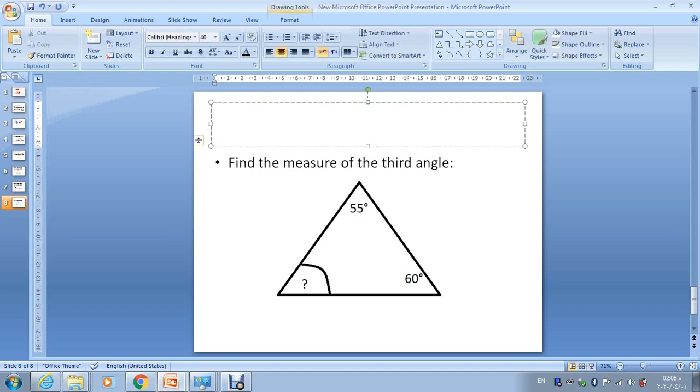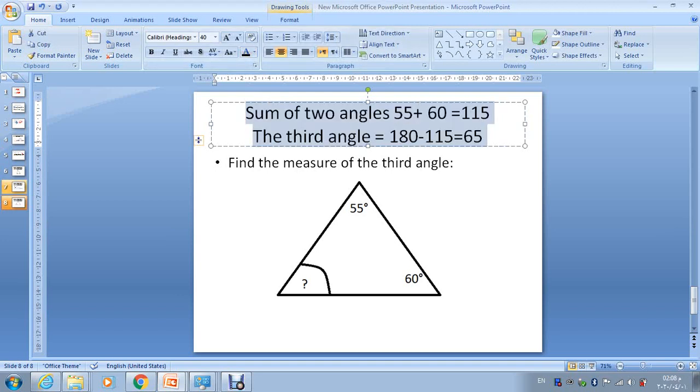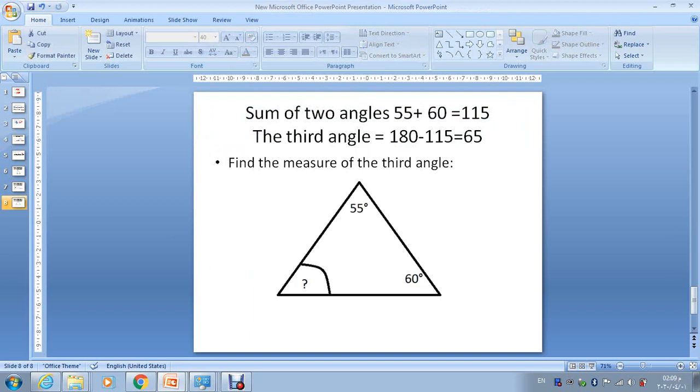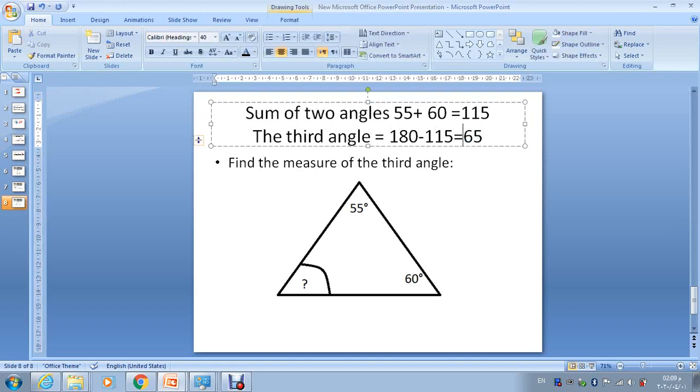So what's left? 180 minus 115 equals 65. So here the question mark will be 65. The unknown angle equals 65.